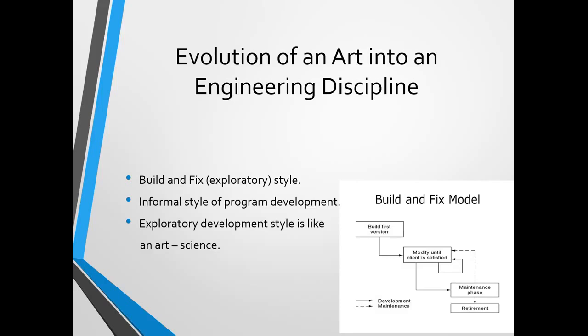Software engineering principles have evolved over the last 60 years with contributions from numerous researchers and software professionals. There are different contributions, and they contributed different things, and gradually it evolved into the software engineering discipline.